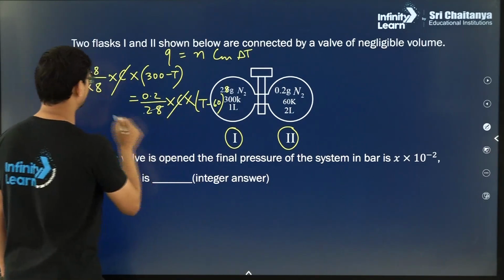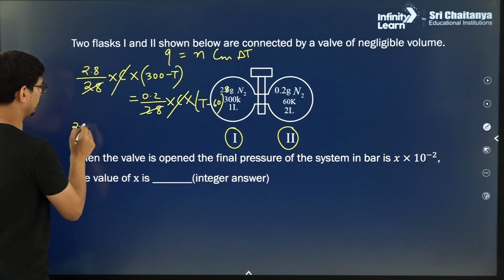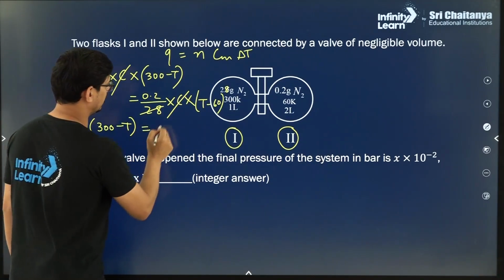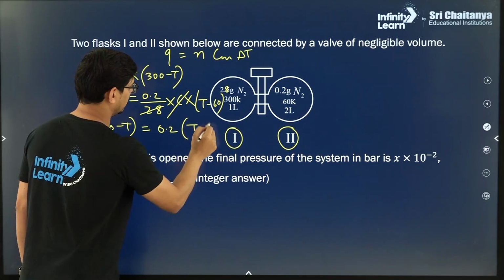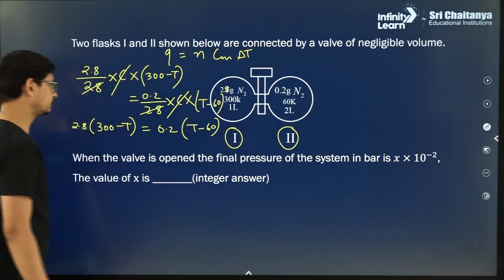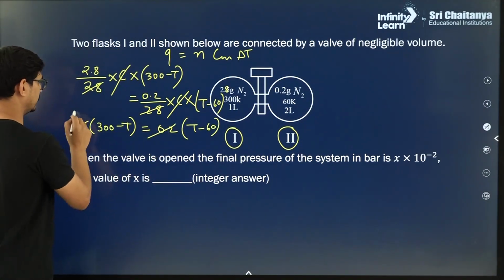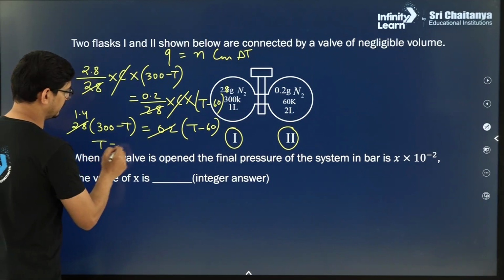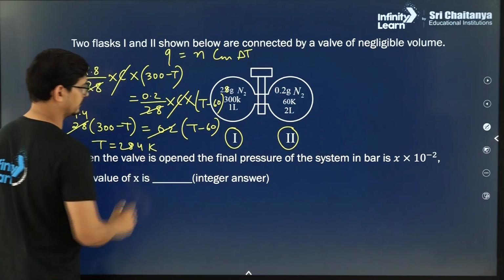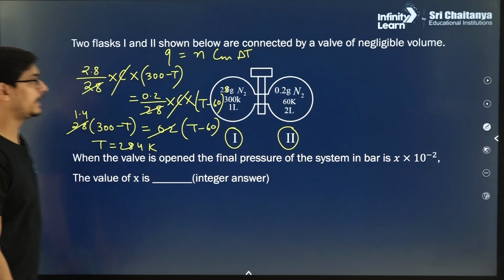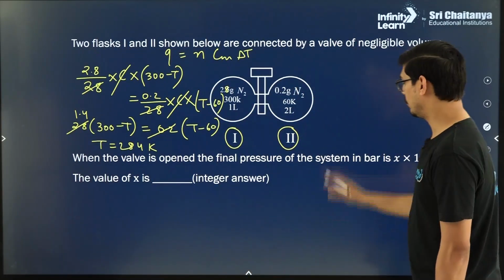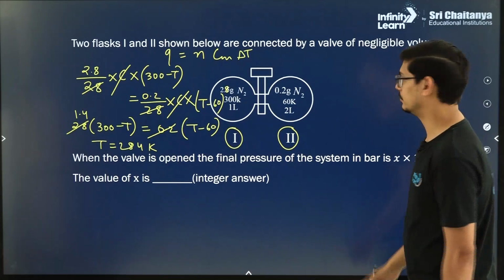C will cancel out, 28 will cancel out, so this is 2.8 times (300 minus T) is equal to 0.2 times (T minus 60). Right, so you can do this calculation, okay, and then you will find that the final temperature is approximately 284 Kelvin, okay, and then you can apply the ideal gas equation, because the question is when the valve is opened, what is the final pressure of the system, right?